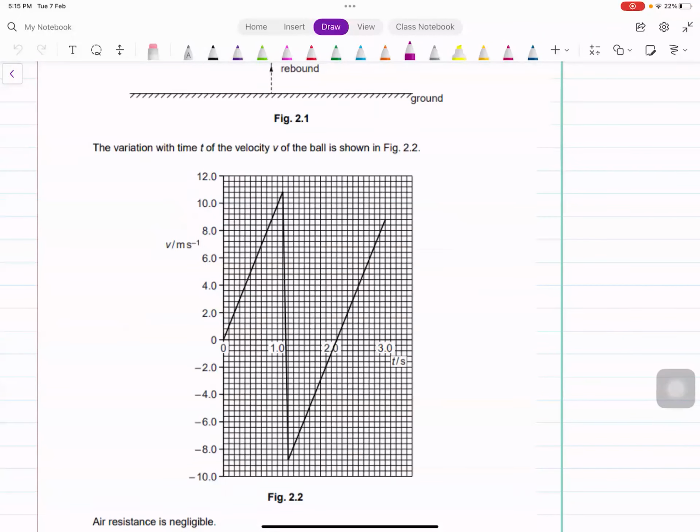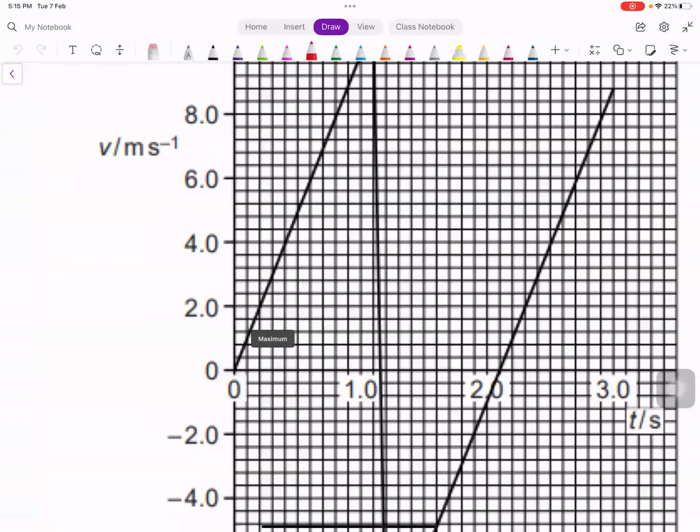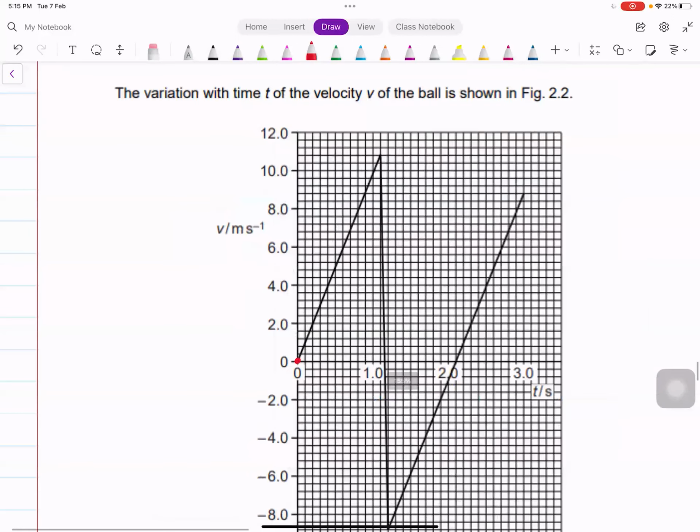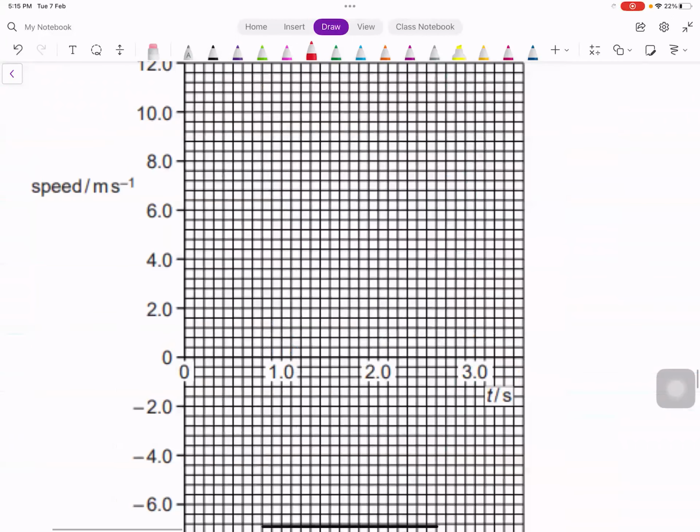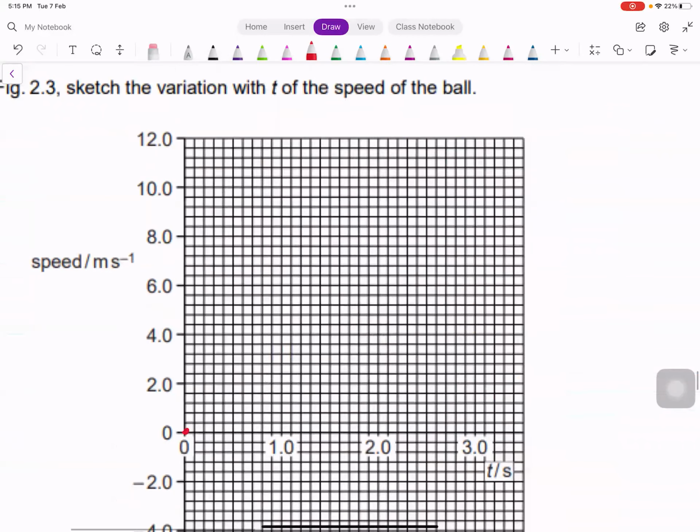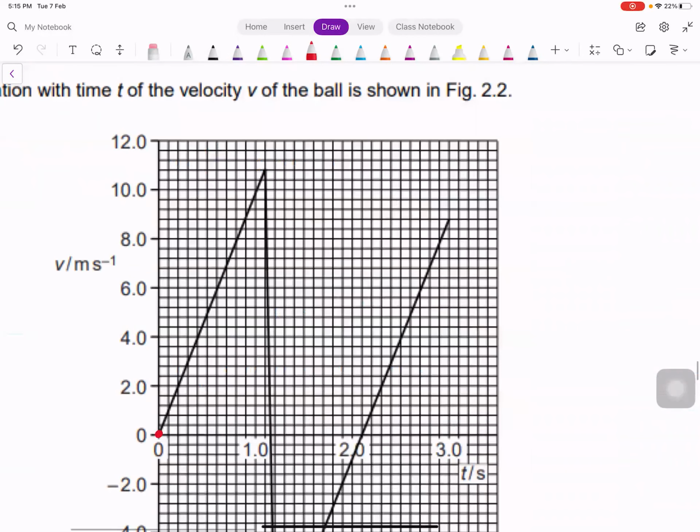Don't worry. So first of all, I would like to tell you that at this section at 0, it is 0, so speed will also be 0. If you go here, put a dot here. Then when it reaches this point, which is 1.1 seconds, it reaches a velocity of 10.8 maybe, right?